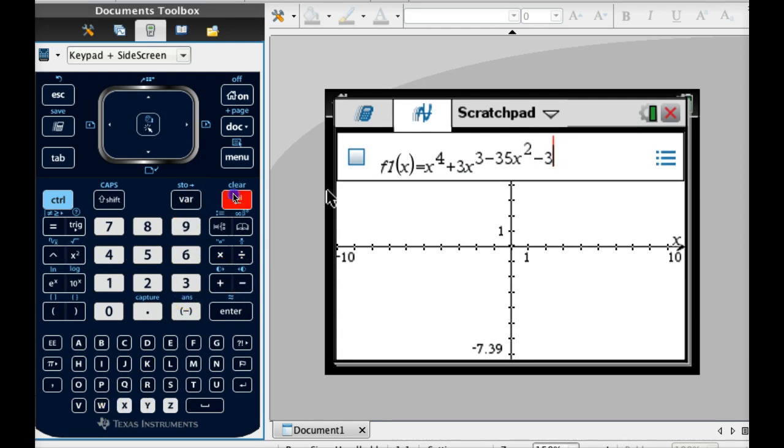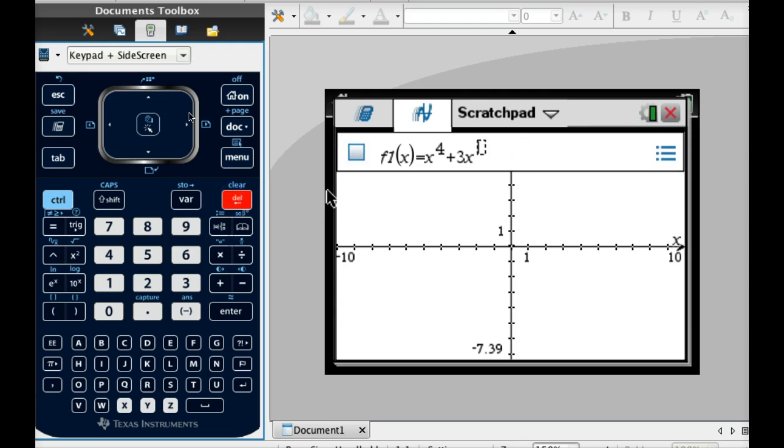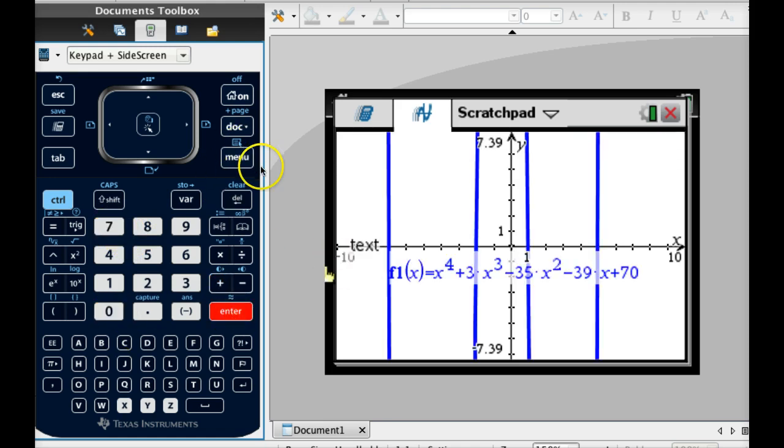Oh, see, lucky I check. After that, I did not, oopsie. X to the 3rd, come out, Miss Samu. I need to bring that cursor out. Minus 35x squared minus 39x plus 70. Enter. Looks like something crazy.